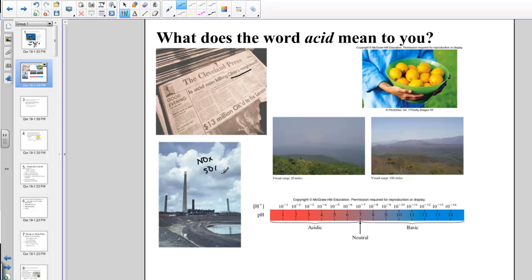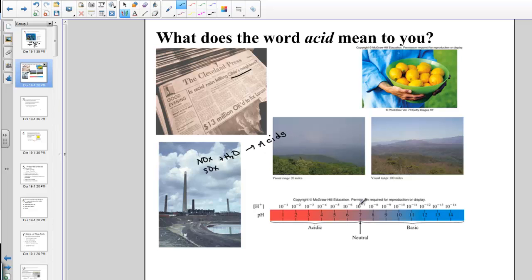Even sulfur oxides are going to emit these gases into the air, and when they react with the water, either contained as moisture or coming down as precipitation as rain, they are going to form acids.